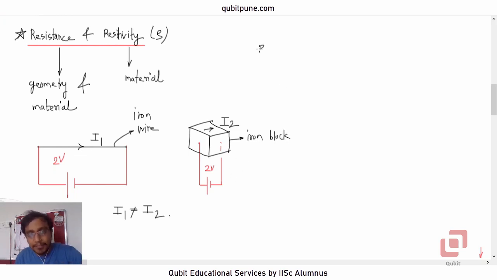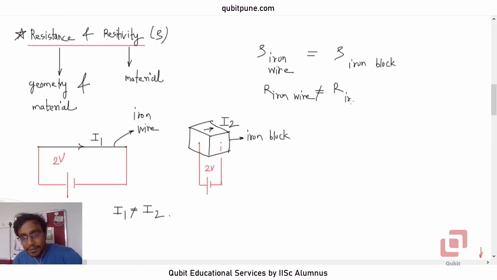Resistivity will be the same. The resistivity of the iron wire is the same as the resistivity of the iron block, but in general the resistance of the iron wire will not be the same as the resistance of the iron block. And how can we prove this? If we connect both of them across the same battery one by one, and if we measure the current, then we will find that I1 will not be equal to I2.